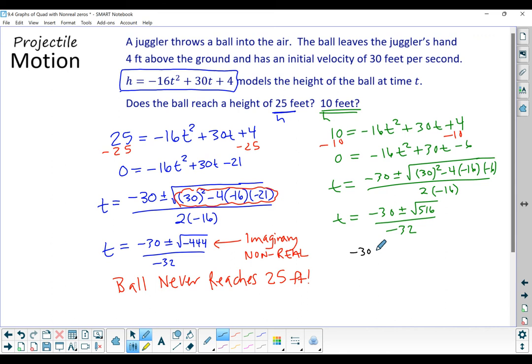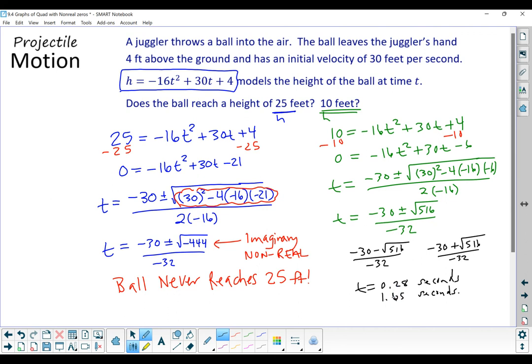Negative 30 minus root 516 divided by negative 32 will give us one of our answers, and negative 30 plus root 516 divided by negative 32 will give us our second answer. So the ball hits that height at 0.28 seconds and at 1.65 seconds.